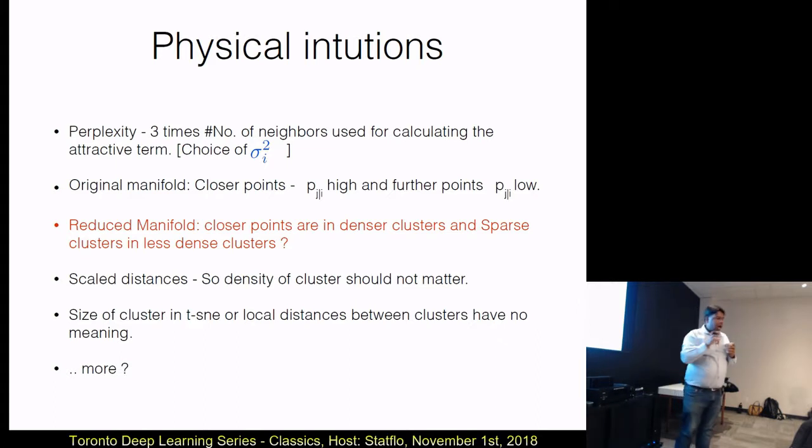I'll just complete the argument. The attractive one got a little faster because you are not going over all the points, only 3 times perplexity points. The repulsive one was made faster by a 2014 paper, which uses the Barnes-Hut approximation technique, where you neglect a certain amount of the cost.